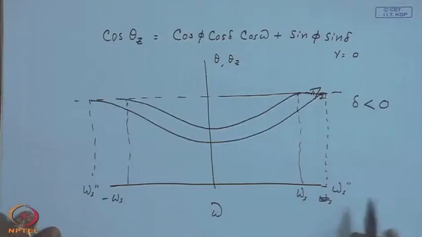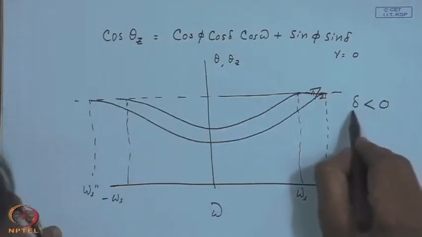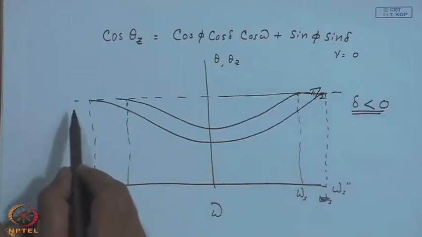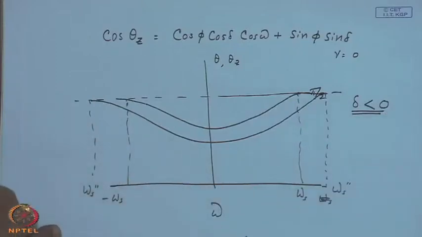In other words, the tilted surface when delta is negative will reach theta equal to pi by 2 at a value of omega s double dashed, magnitude of which is higher than omega s.